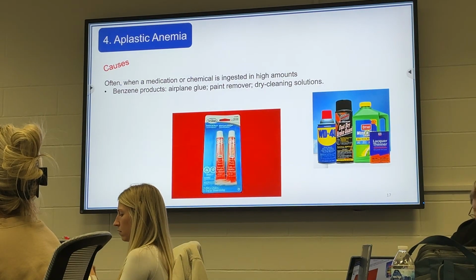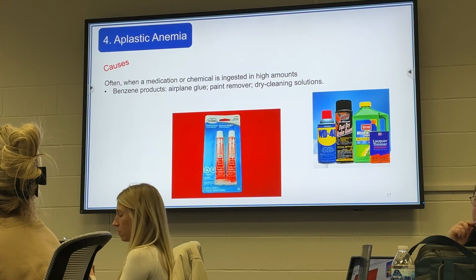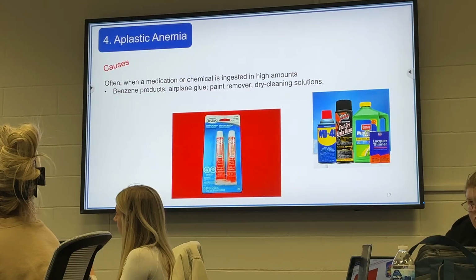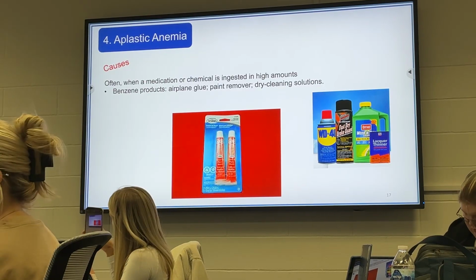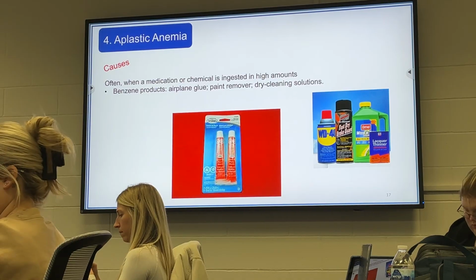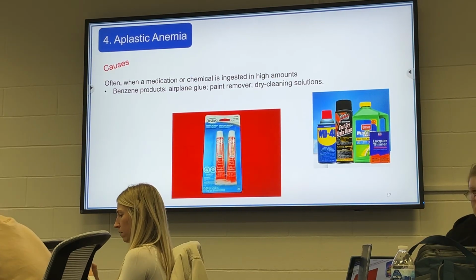Oftentimes with this one, we find damage to the bone marrow due to ingestion of a high amount of benzene products. So I would make a little star in your notes. This is what is a little bit unusual about that. Benzene products are in airplane glue and paint removers. So find out where your patient works, what his hobbies are.